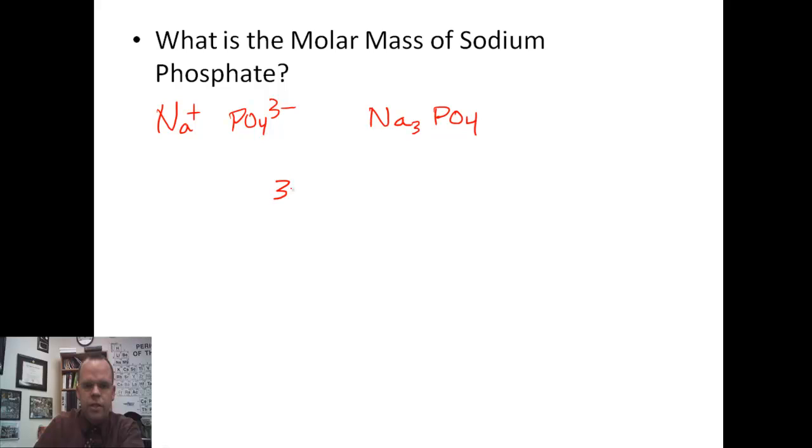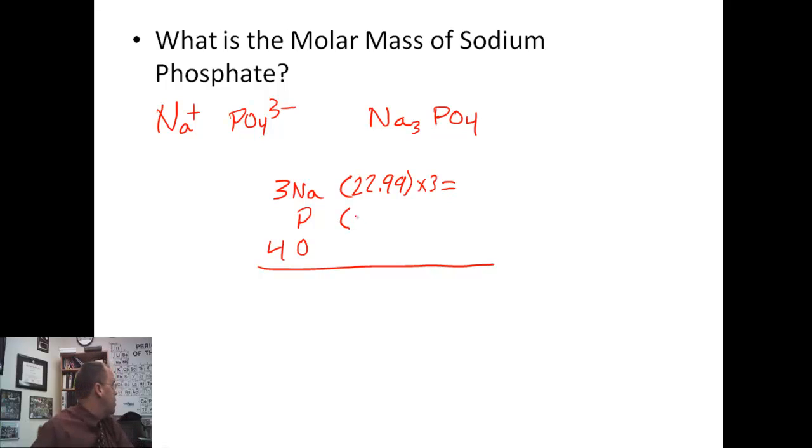Na3PO4. Just like when we were doing percent composition, it's easiest to show all of our work here. The molar mass of sodium, 22.99 times 3. The molar mass of phosphorus, which is 30.97. There's one of those. And the molar mass of oxygen, 16 times 4. So this will be 64 grams.